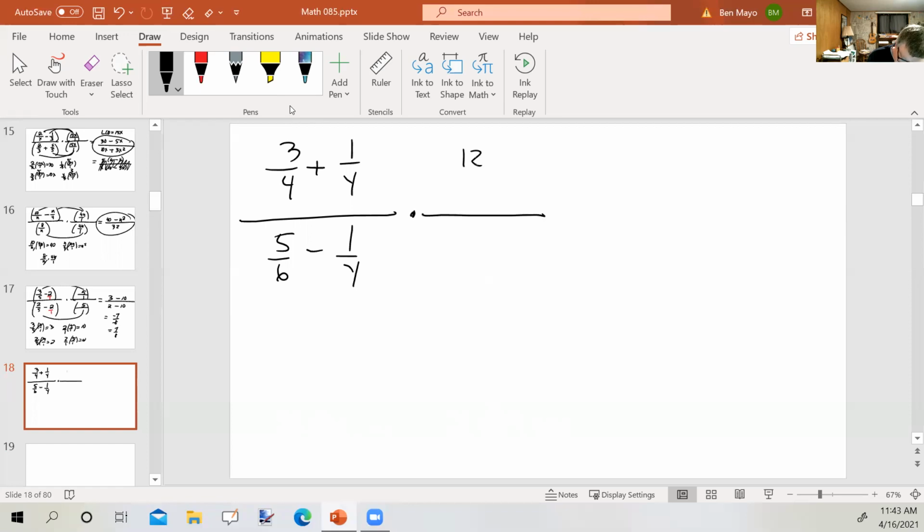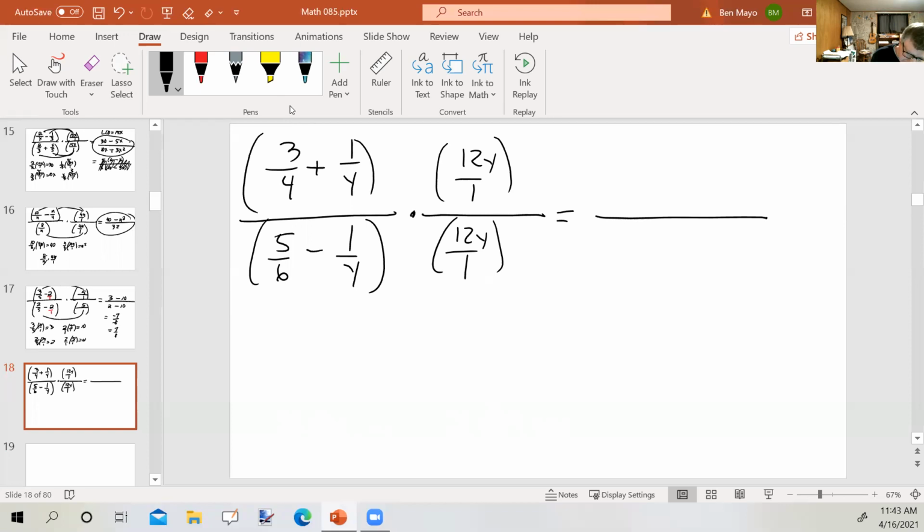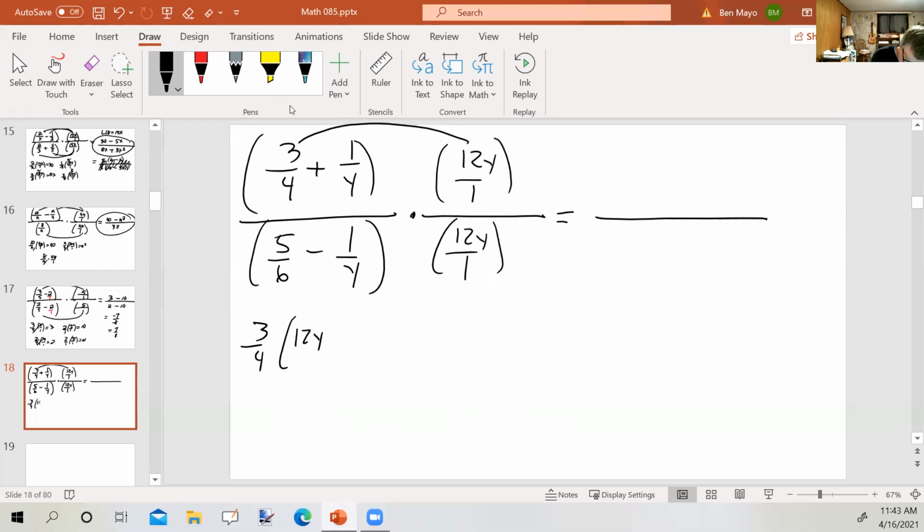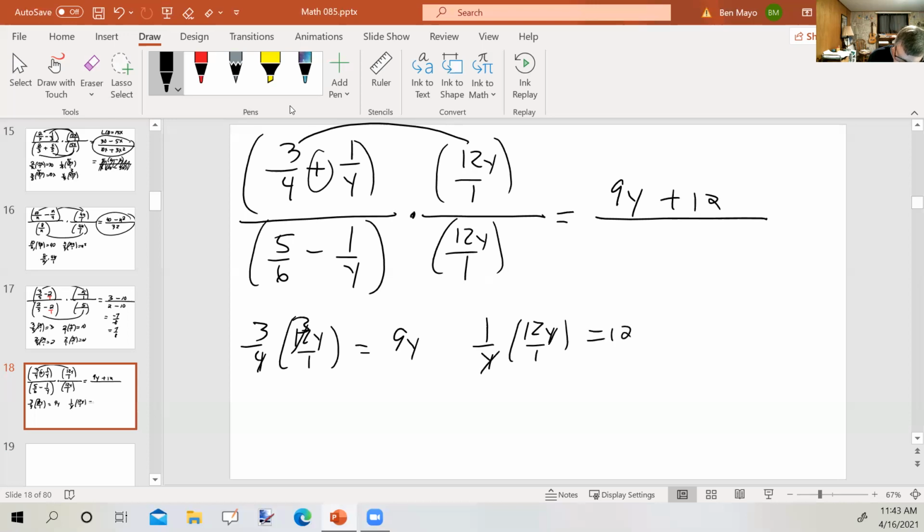So I'm going to multiply the top by 12y and the bottom by 12y. Distributing 3/4 times 12y. Let's see, 12 over 4 is 3, so we get 9y plus 1 over y times 12y over 1, which is 12.